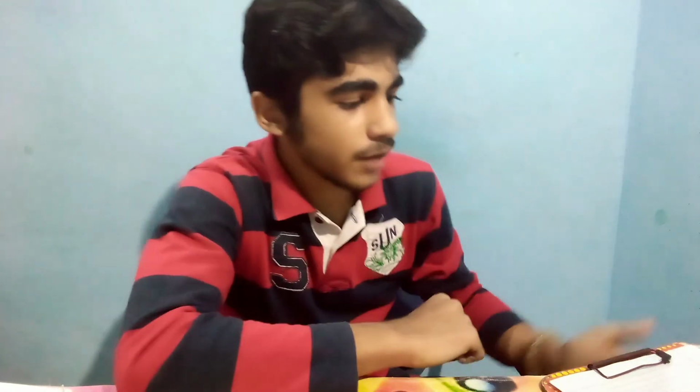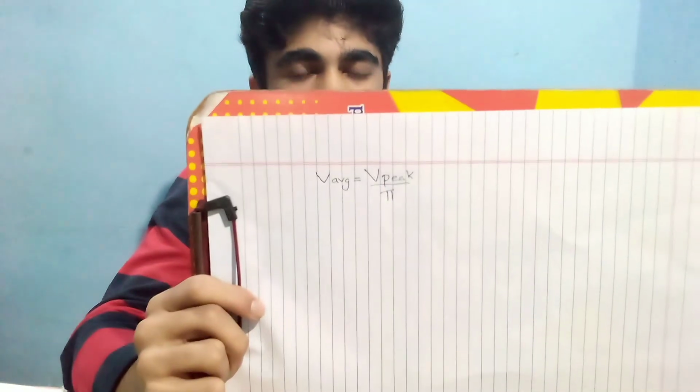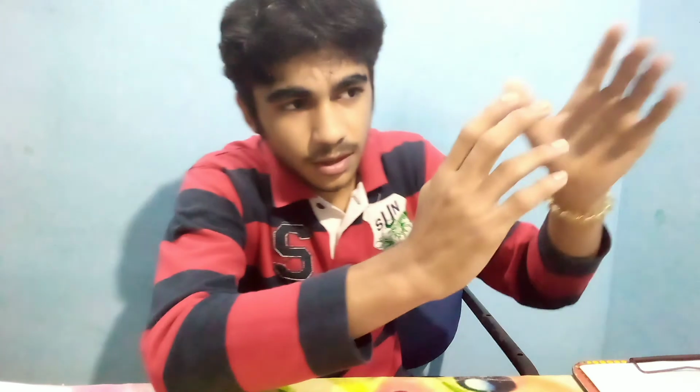Now if you want to find the average DC output voltage, how will you do that? For that we have an equation: V average is equal to V peak divided by pi. For finding the V peak, we need to do some calculations, such as finding the root mean squared value times root 2. I'm not going to talk about that calculation in this video. Even if you get the value from that calculation, you need to subtract 0.7 volt because the diode has a voltage drop of 0.7 volt.